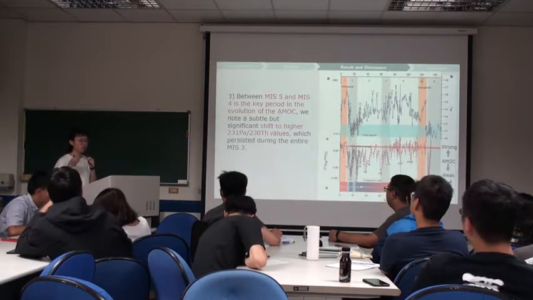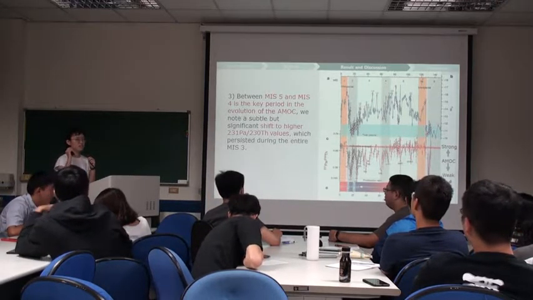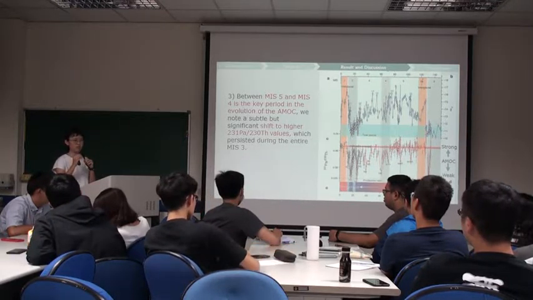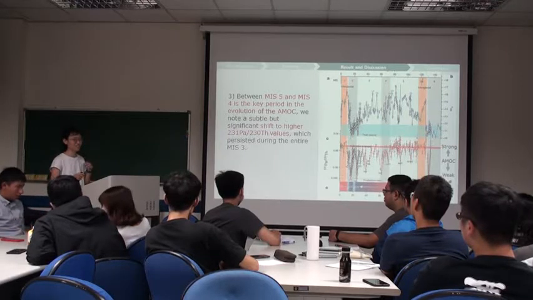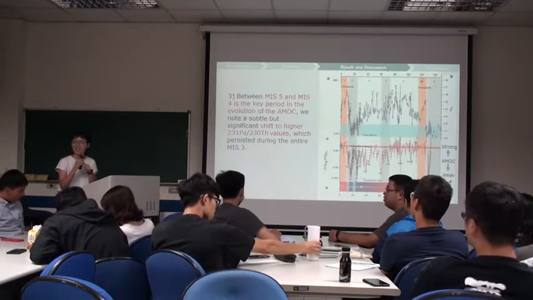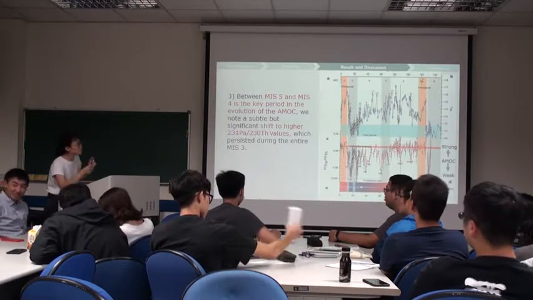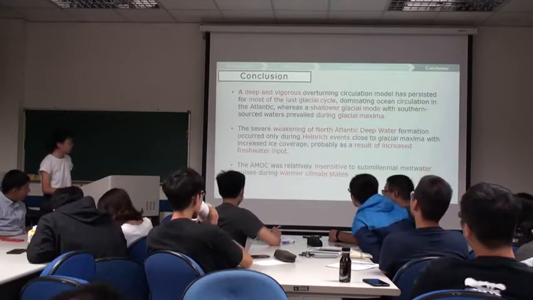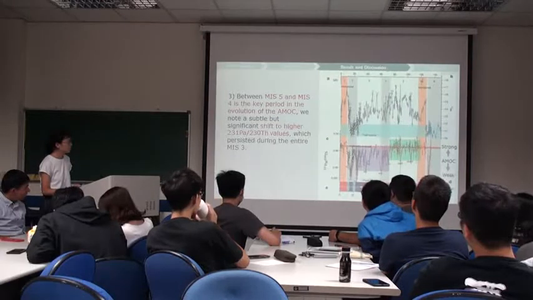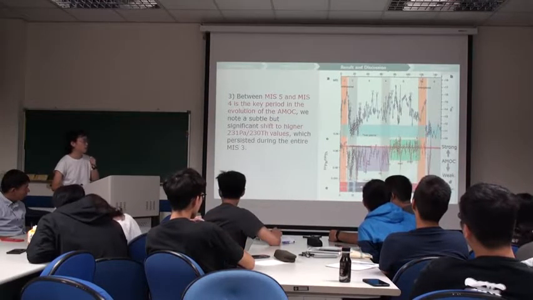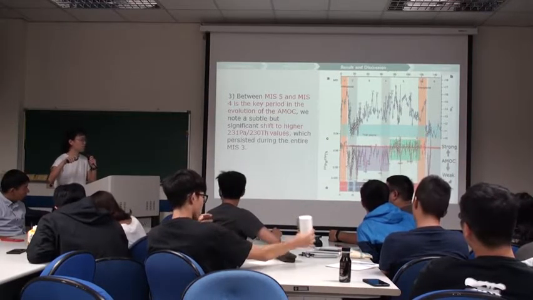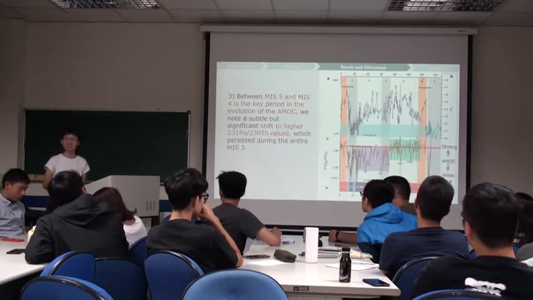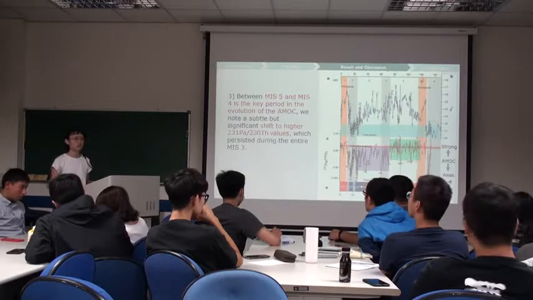So we use a proxy to measure the strength of the AMOC. Okay, next. King Jen.